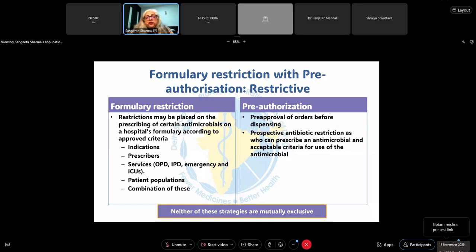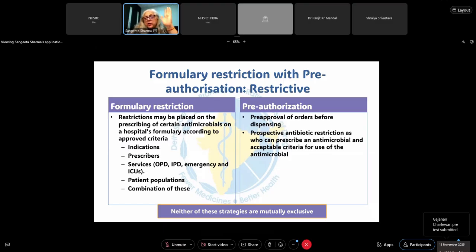So generally in that pre-authorization they say, okay, you can use these antibiotics for the first 48 to 72 hours, till the time you have not identified the organism or the source of infection.